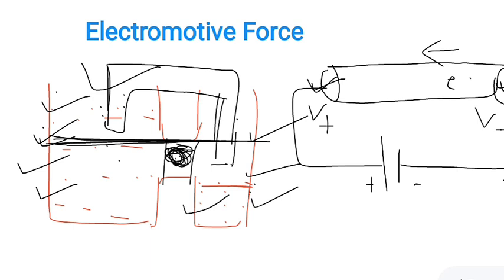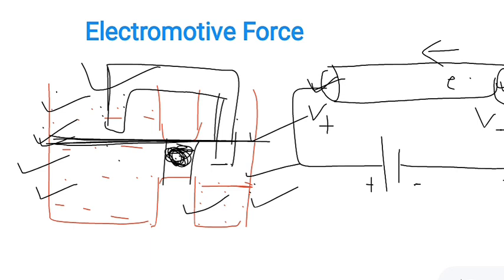Okay, so this ability to maintain the constant potential difference is called electromotive force. So how can we define electromotive force? The ability of a source of current to maintain a constant or finite potential difference across the ends of a conductor, that is electromotive force.